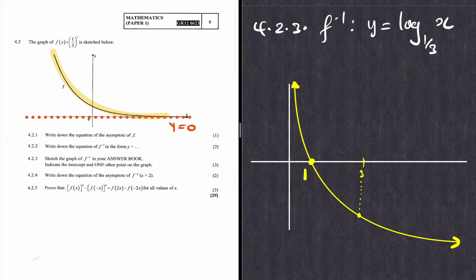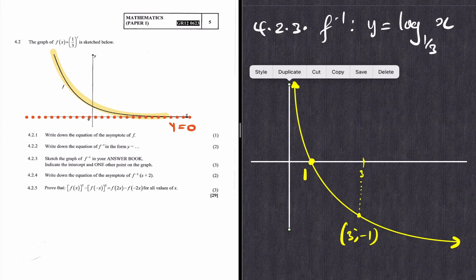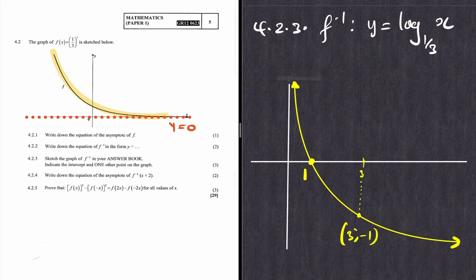So let's check the log of base 1/3 of 3. I'm getting -1. So I'm going to have the point 3 and -1. That is just 1 point that they're looking for.